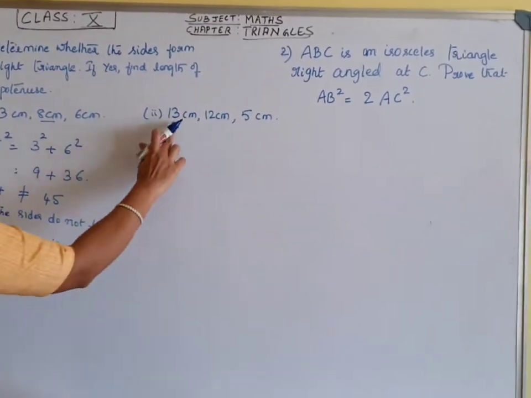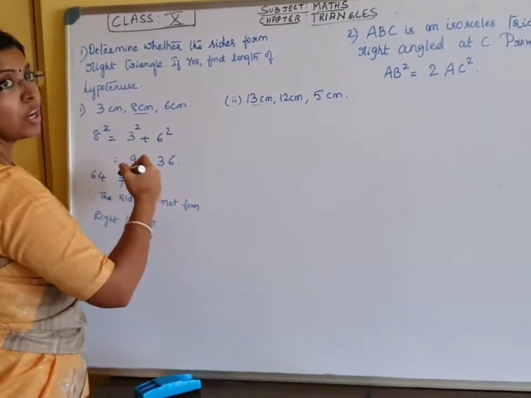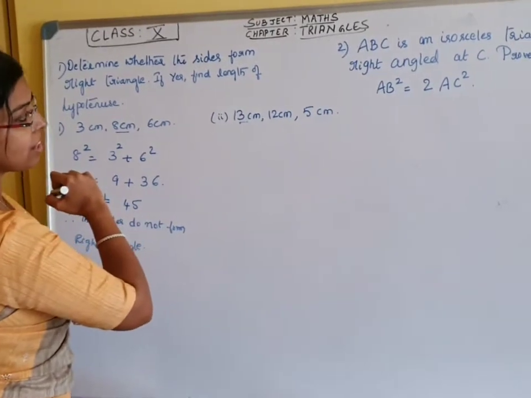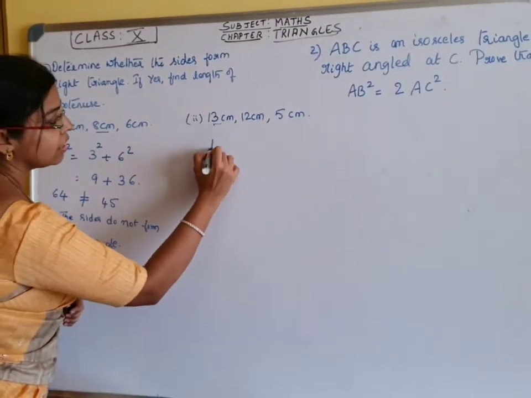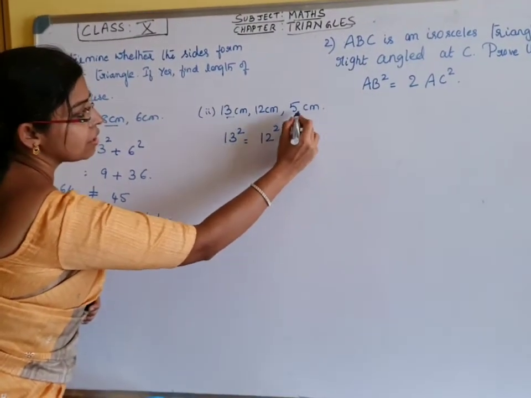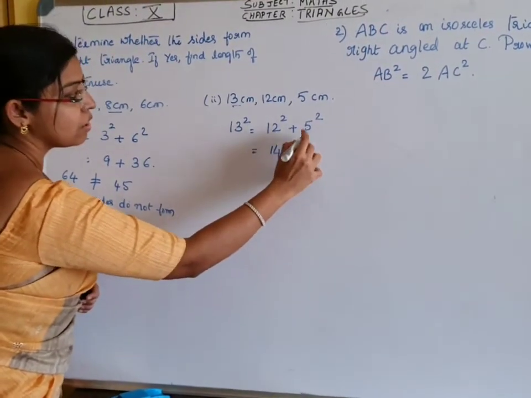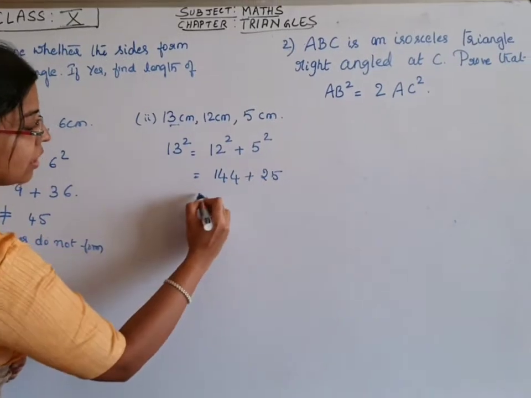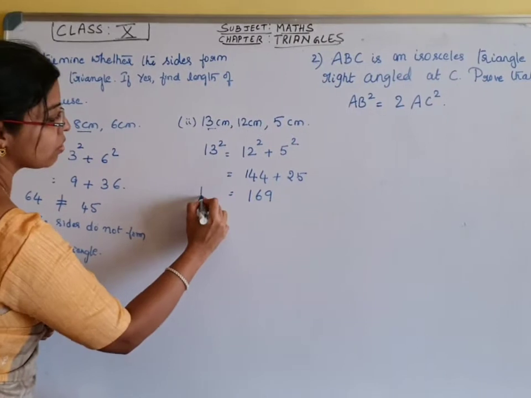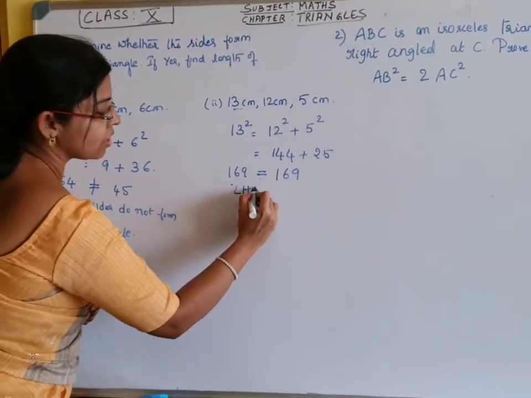The next triplet is 13 cm, 12 cm and 5 cm. The hypotenuse will be the longest side of a triangle. Therefore, we will take the side which has the highest magnitude, that is 13. 13 square is equal to 12 square plus 5 square. 12 square is 144. 5 square is 25, which gives 169. 13 square is also 169. So now LHS is equal to RHS.